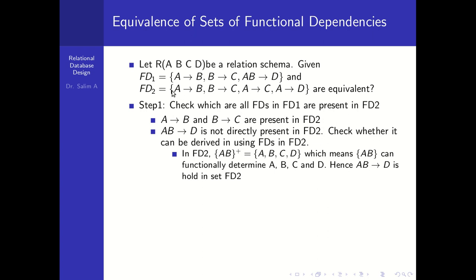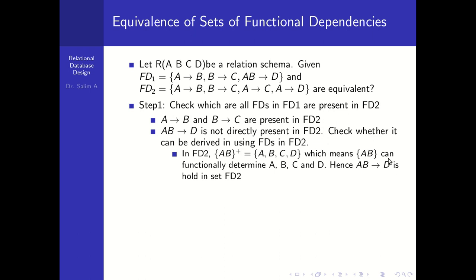AB closure is AB, C, and because of A, D will also come. That is, AB closure contains A, B, C, D. That means AB can functionally determine A, B, C, D.